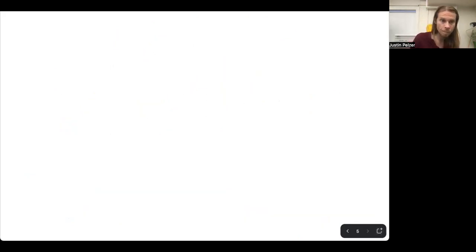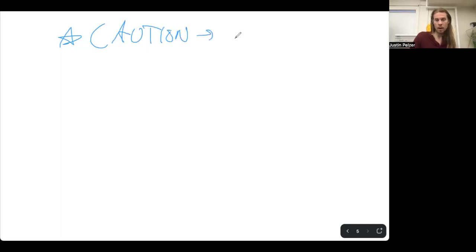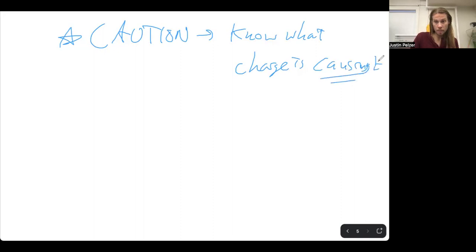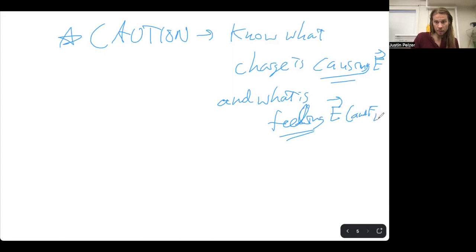Now, part 2. Say I have some negative charge causing the field. So please caution: know what charge is causing E and what is feeling it. Any charge causes an electric field, and therefore Fe. Any charge causes an electric force, all of them do, but we're only considering one at a time.